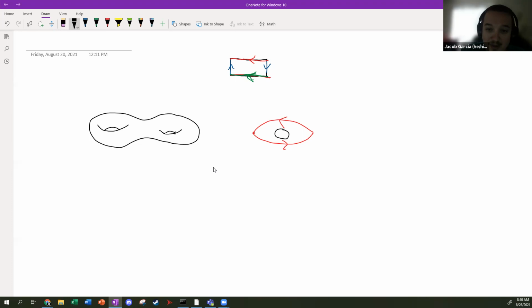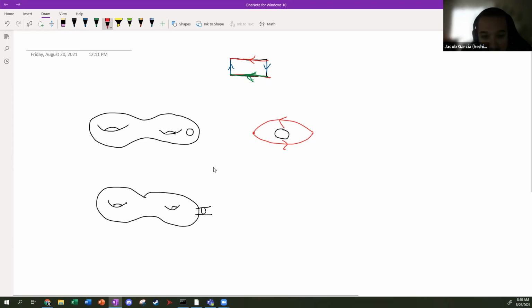So now I'm going to glue this center disk that I punched out to a disk here on the surface. And if I draw maybe a slightly better picture here, I have a surface, and then sticking out from this surface, I have a cylinder.